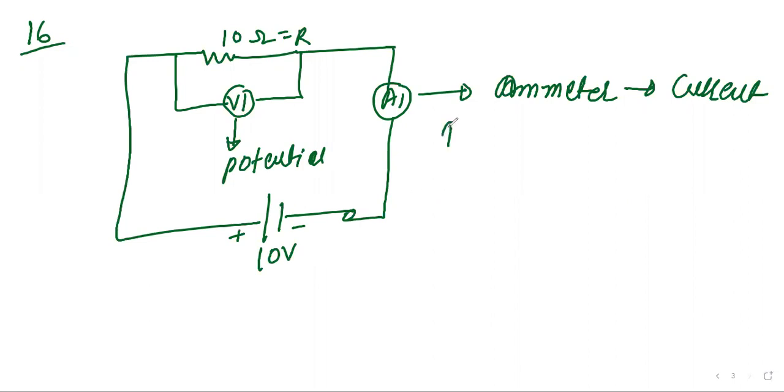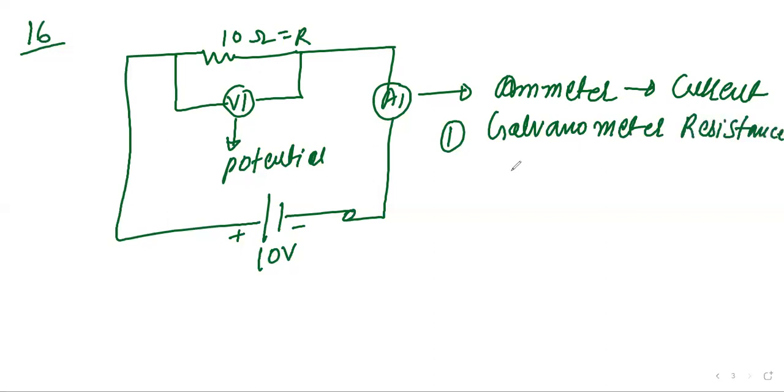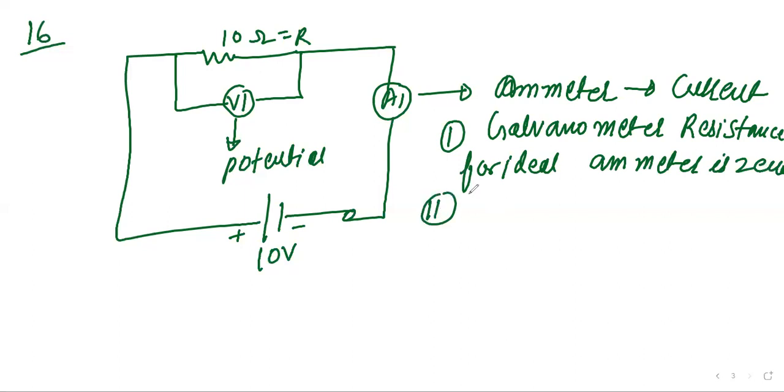So write the statement here: the resistance for an ideal ammeter is 0, and for an ideal voltmeter it is infinite.